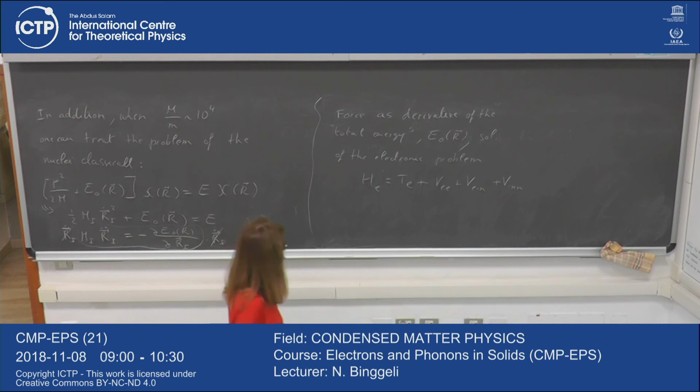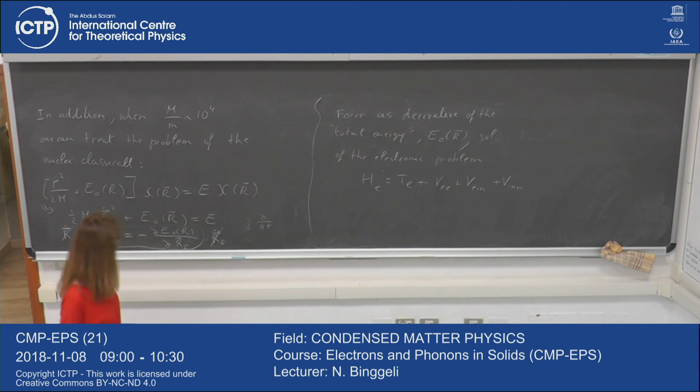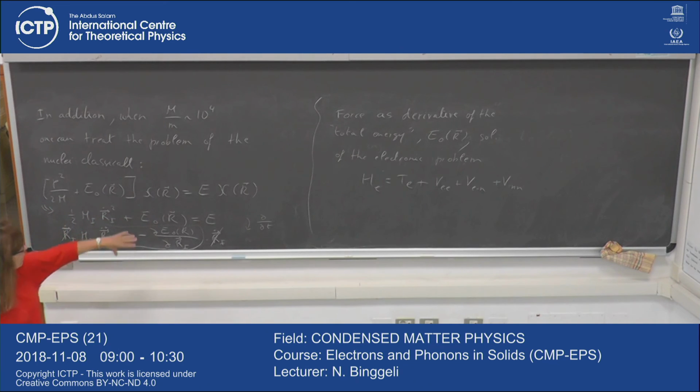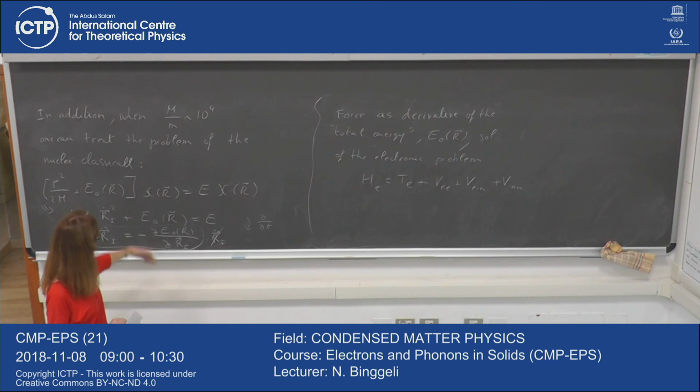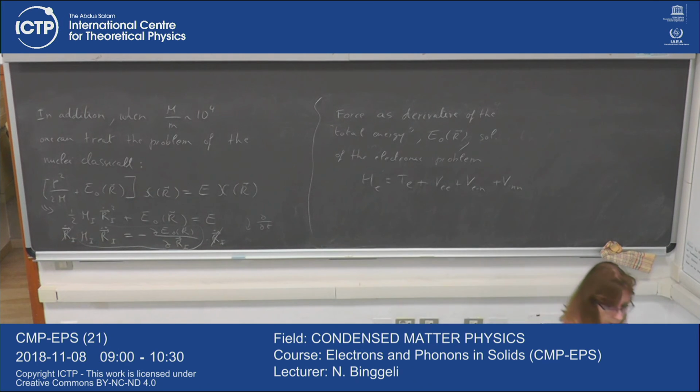So solving this Schrodinger equation for the electron, one obtains the ground state eigenvalue E0, and from this, for different positions of the nuclei, one can then obtain the force acting on the nuclei, and therefore also obtain their equilibrium position, or have them with molecular dynamics move or vibrate at constant temperature, and so on.